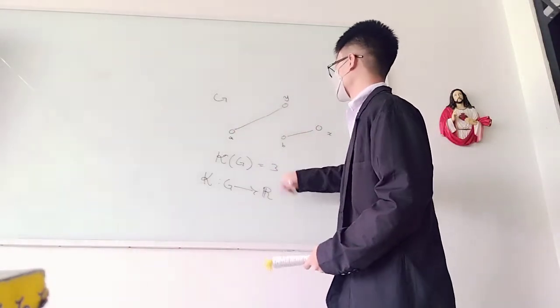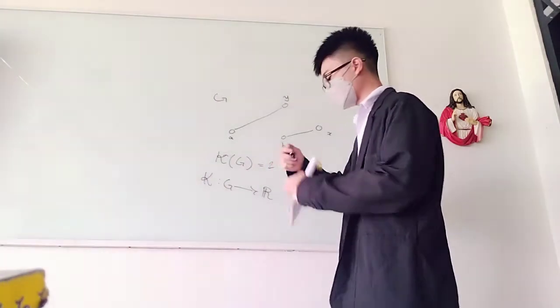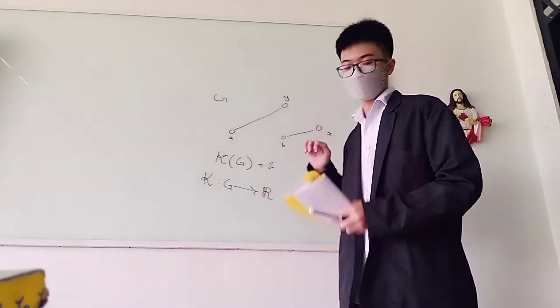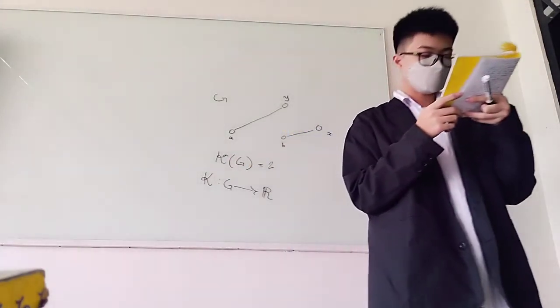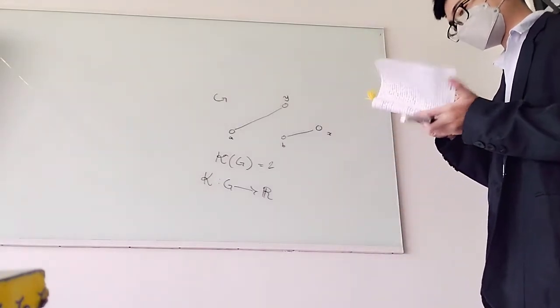Or actually here, this is 2, not 3. So this is 2. Since we have 2 subgraphs, we have 2 components. The kappa of G, or the number of components of G, is 2 components, precisely.